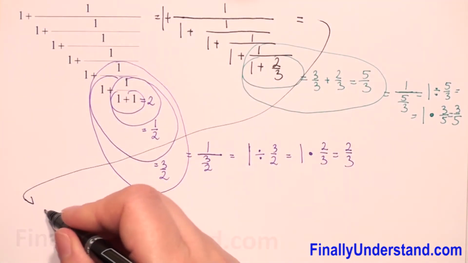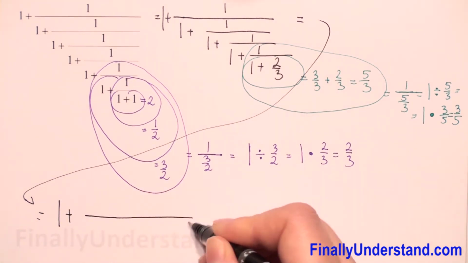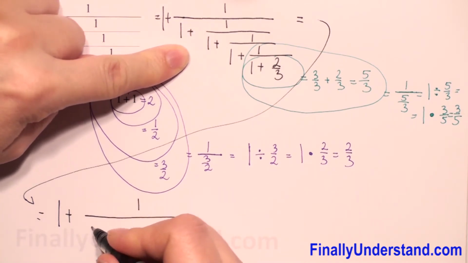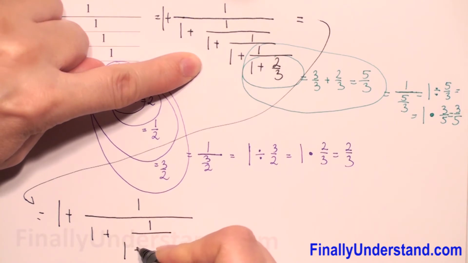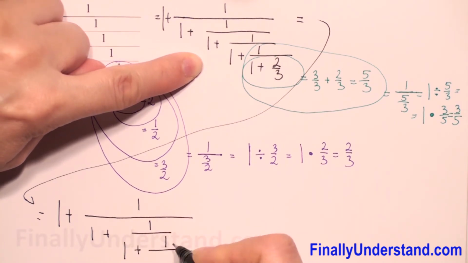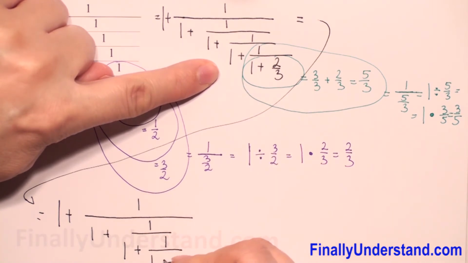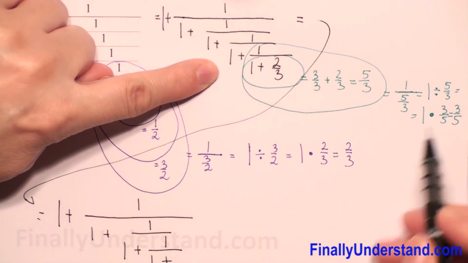We have that this is equal to 1 plus 1 over 1 plus 1 over 1 plus 1 over, and we have 1 plus this whole expression, which is 3 over 5.